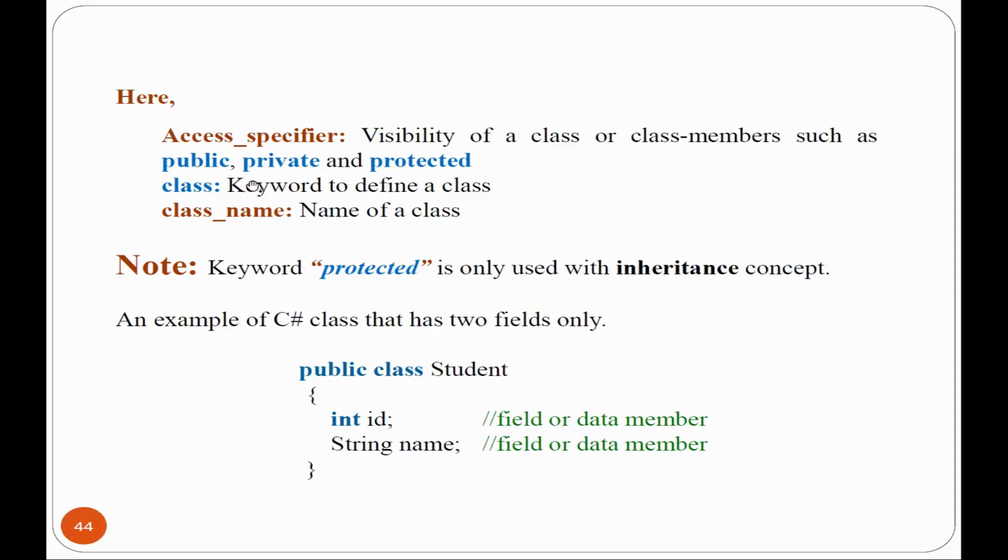Otherwise, public and private. An example of a C# class that has two fields only: public class student. Here is the open brace, int id, a data member, and string name is the second data member. This is a class with student details, id and name.